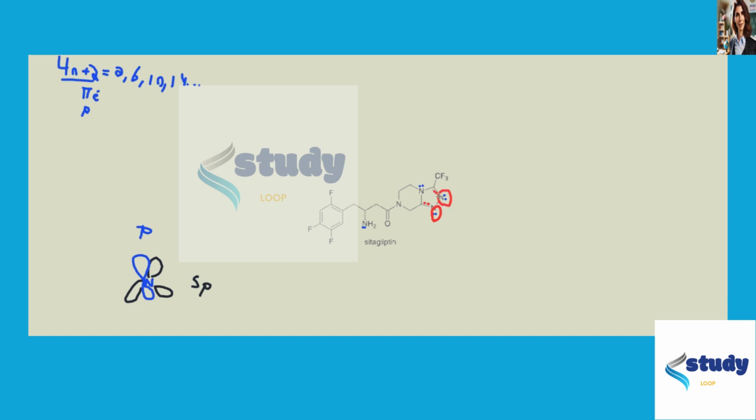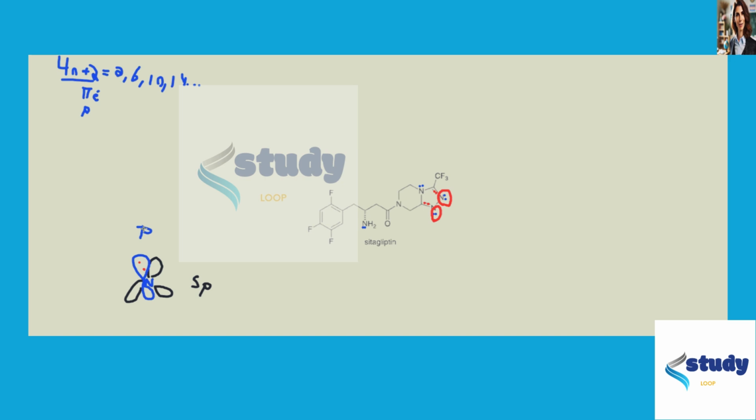Therefore their lone pairs are in one of these black sp orbitals. Because this nitrogen on the top has no double bonds attached to it, right off the bat, yes, these 2 electrons can be involved in aromaticity because they can exist in this p orbital.